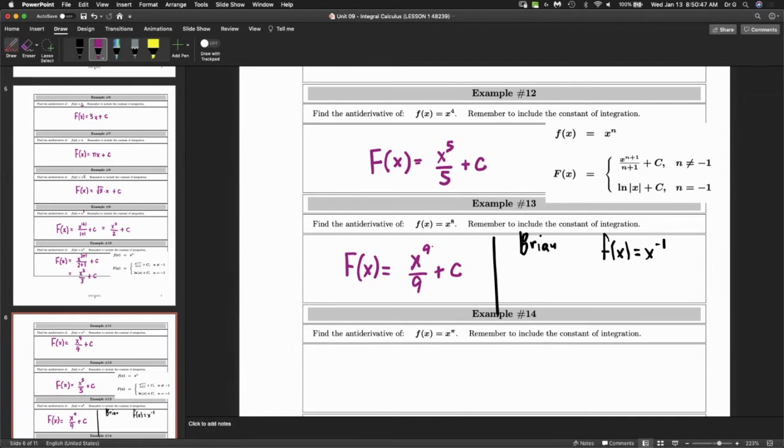Okay, so the fun times. How do you do this one? Well, the answer to your question earlier is that you literally just write this down. So if it's x to the negative 1, you literally just write down the second branch. So the answer is going to be f of x, uppercase for antiderivative, and it's going to be ln of x.